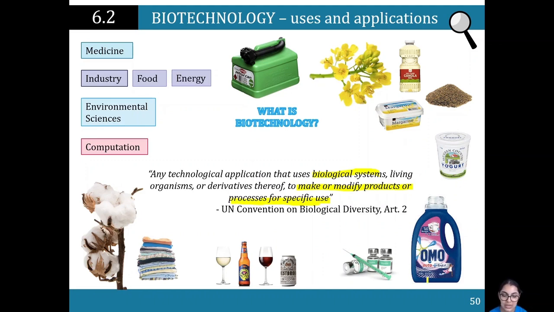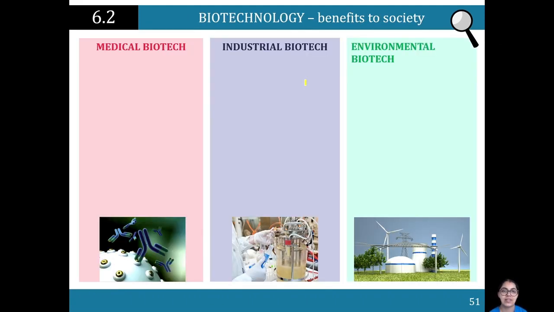So washing machine liquid, yogurt because it's been fermented, butter and oil, margarine, canola oil, all of these different elements around us are produced through modification and the application of scientific procedures. So basically, biotech is technology based on biology.